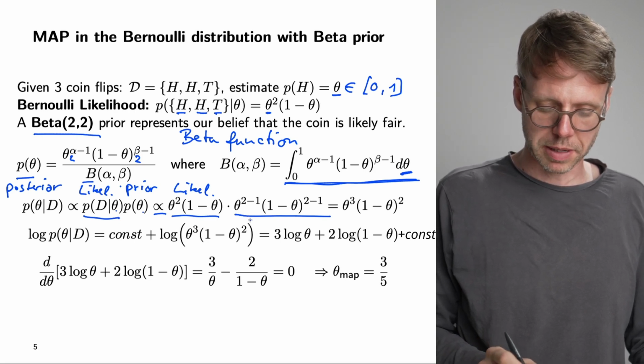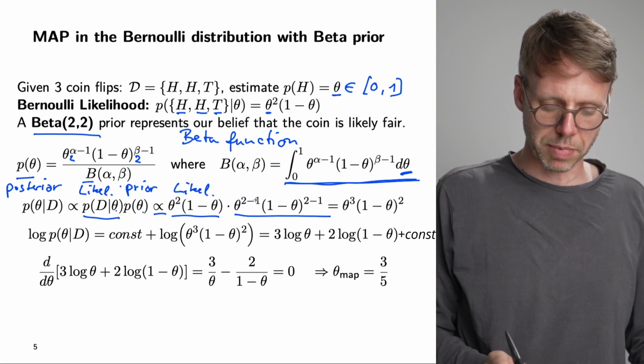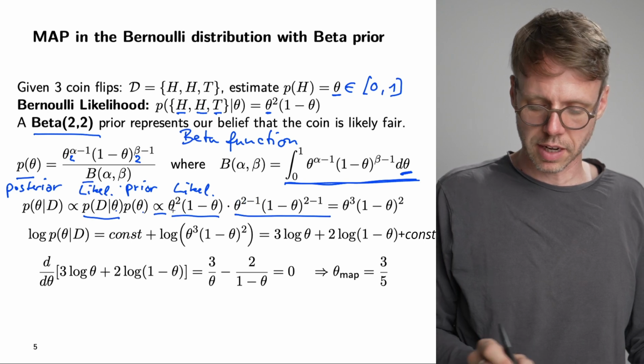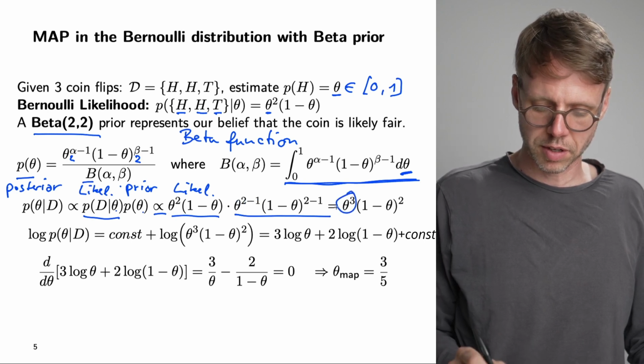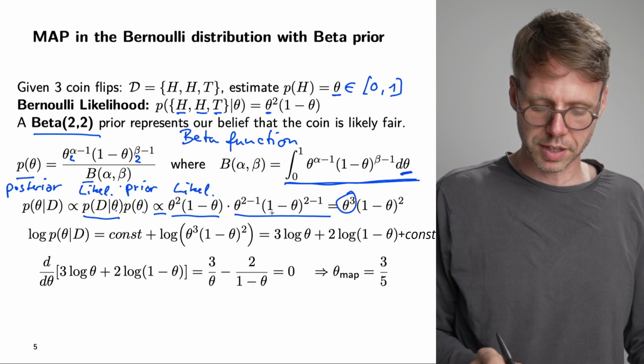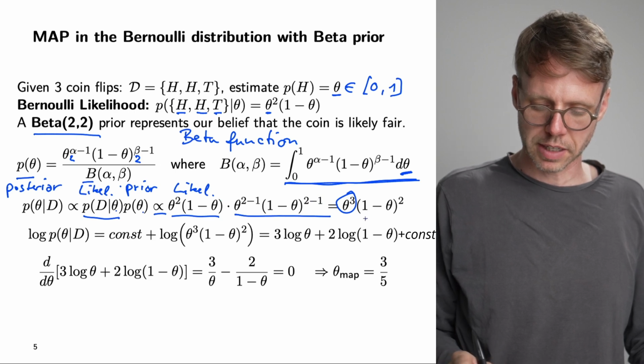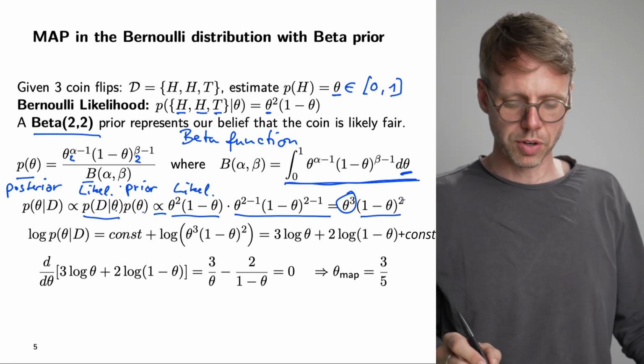Now, if we multiply this out, we see that we have theta to the power of 2 minus 1, theta to the power of 1 times theta, that's theta cubed, and 1 minus theta to the power of 1 times 1 minus theta to the power of 2 minus 1, which is also 1. So we get 1 minus theta to the power of 2.